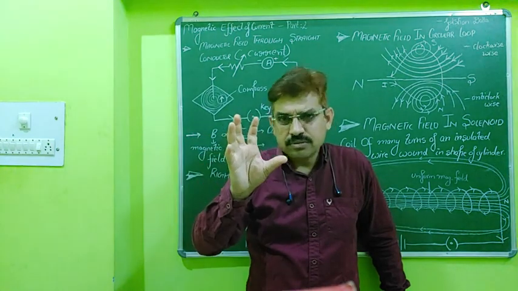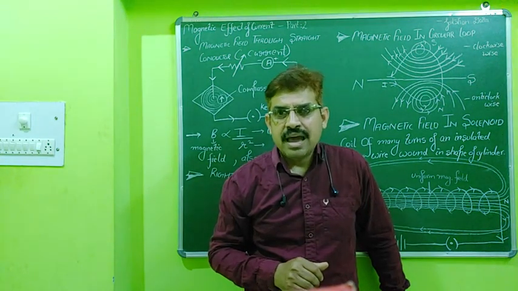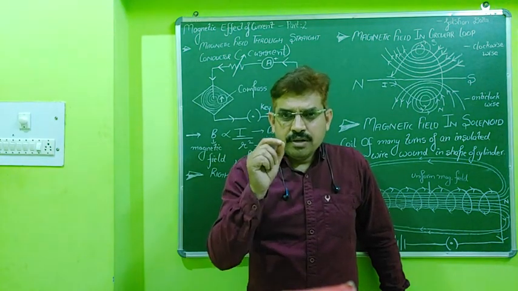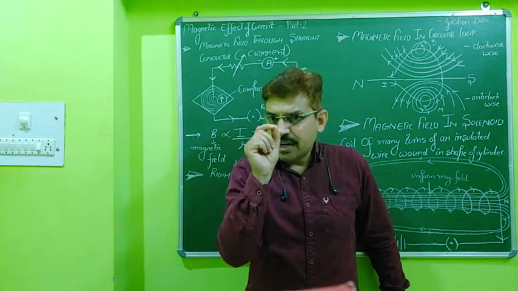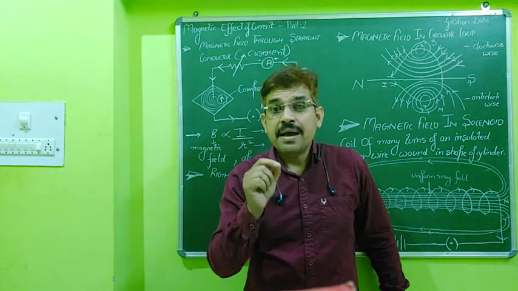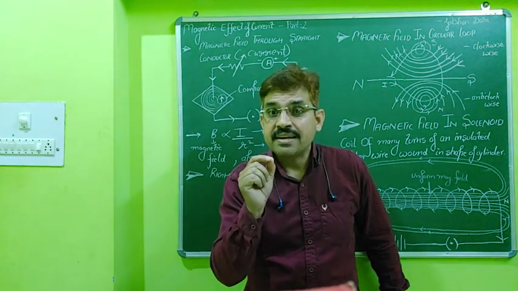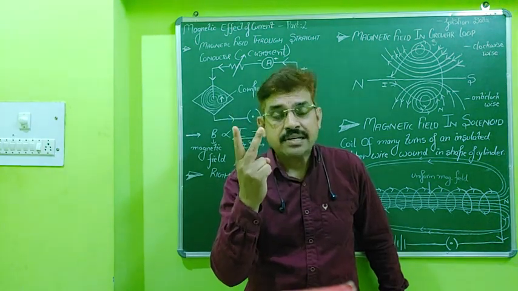I will also share with you the meaning of anti-clockwise and clockwise. Listen to one thing: if current is flowing, magnetic field is there. If magnetic field is there, it means magnetic strength, and for the magnetic strength, two poles will definitely be there.